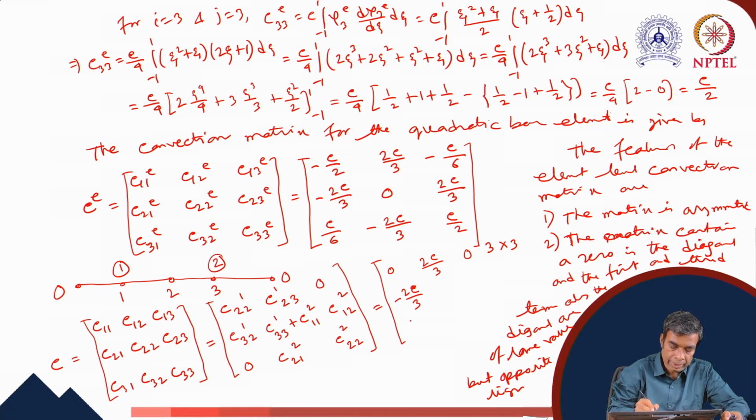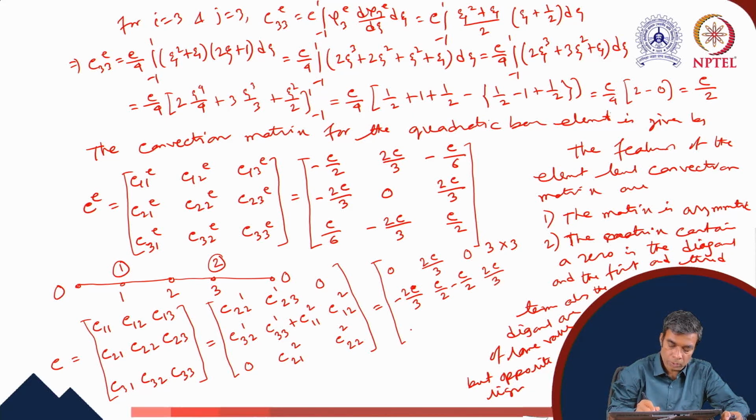Then we have C22, which is C331 plus C112. C331 is C by 2, C112 is minus C by 2. Then C122 is 2C by 3.